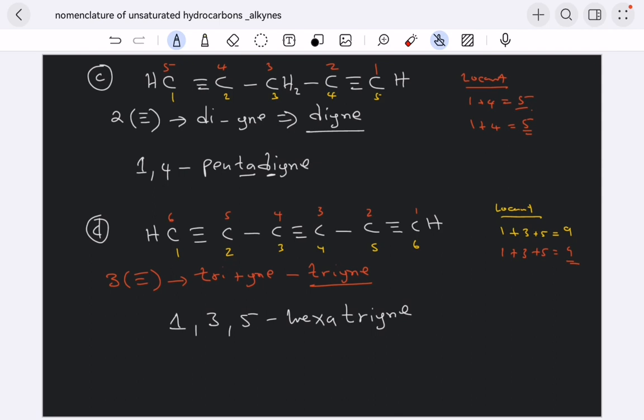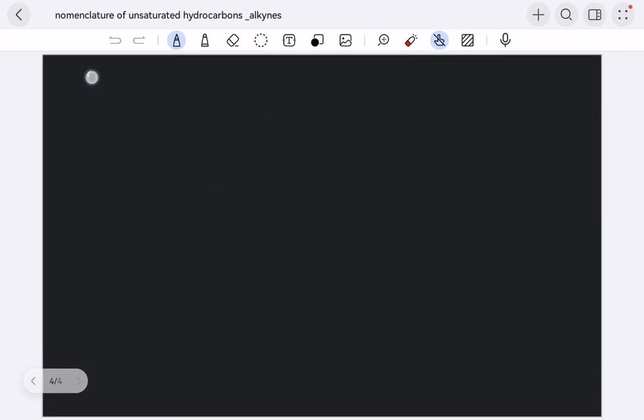Now, to make it more interesting, let's look at E. Now, imagine where we have a triple bond, then we now begin to have substituents. So this, then okay, CH3, something like this.